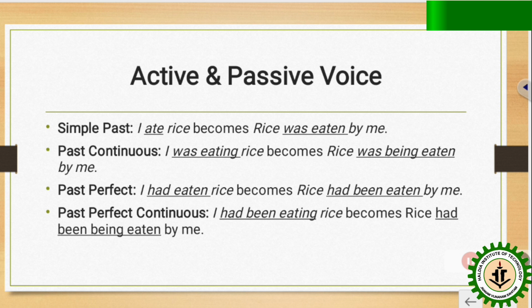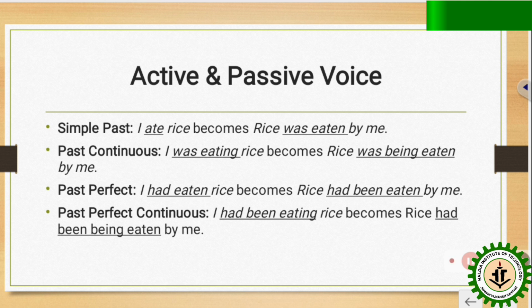First, we must convert the principal verb into V3 or past participle form, and in order to do that, we need to bring an extra be verb which will be sitting between the be verb of continuous tense and the past participle form of the principal verb, that is eaten. So the extra be verb becomes being only because it is sitting after the be verb of continuous tense. So the complete converted sentence in passive voice will be rice was being eaten by me.